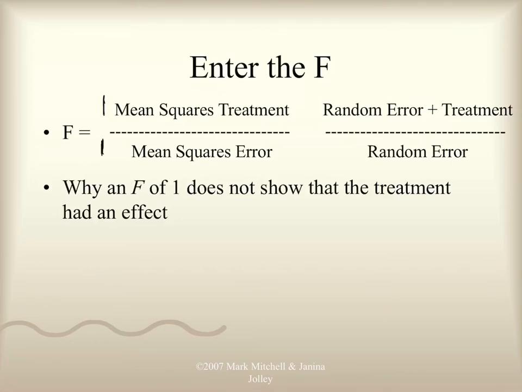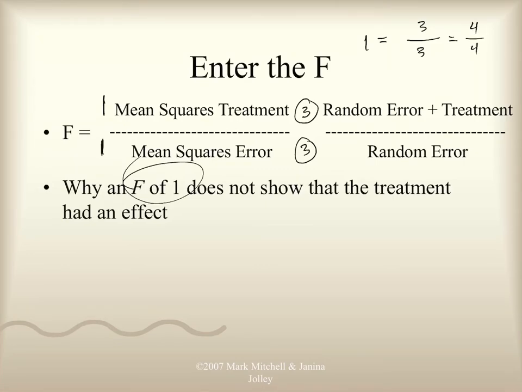Okay, an F of 1 does not show that the treatment had an effect because what this means is, let's say, the amount of variance up top, let's just imagine that was the number 3, is equal to the amount of variance on the bottom. An F of 1 always means the same thing on top as on bottom.